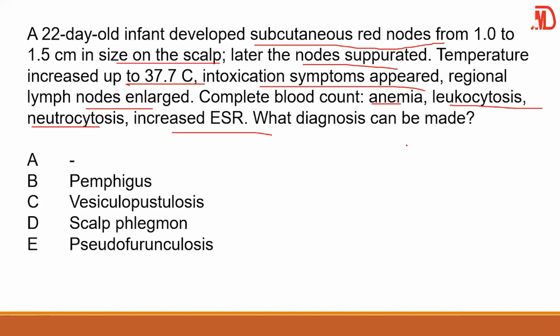Over here, don't forget, subcutaneous red nodes on the scalp. This doesn't mean that this is a scalp phlegmon. No. This is pseudofurunculosis. And pseudofurunculosis is simply an infection of the hair follicle leading to abscess formation with accumulation of pus and necrotic tissues.